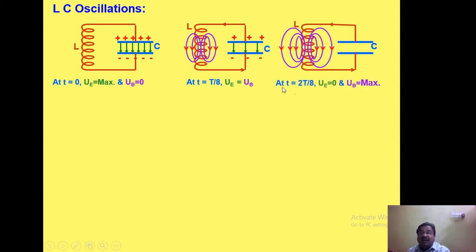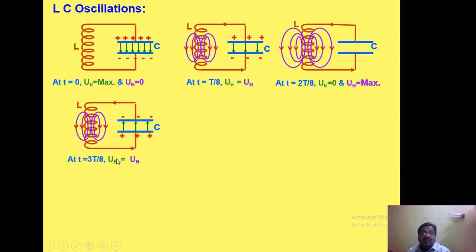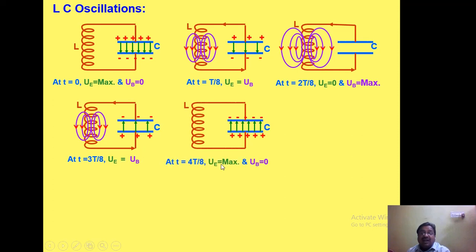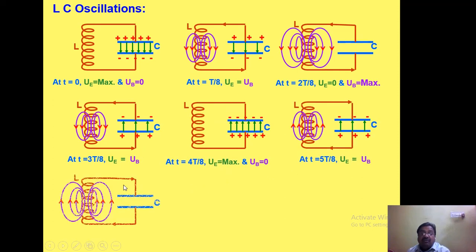At T equal to 2T by 8, the energy due to the electric field is nothing, and that due to the magnetic field is maximum. After 3T by 8, again UE equals UB. All these are experimental findings. You see what the variation is after different intervals of time.